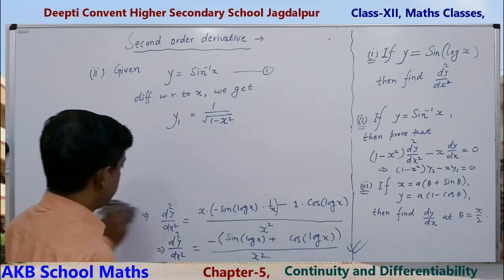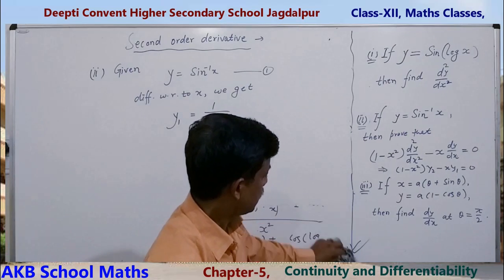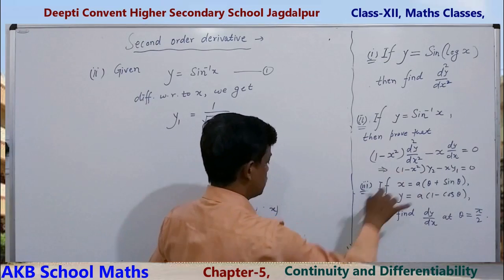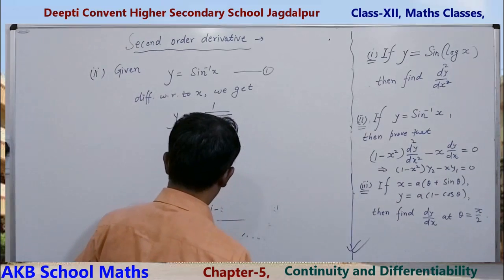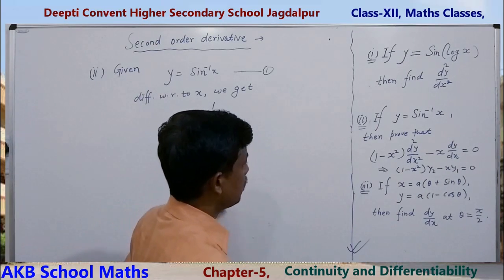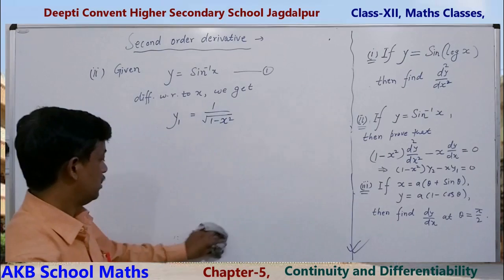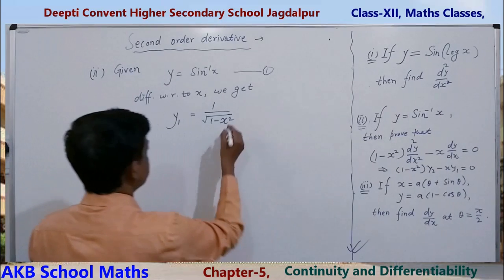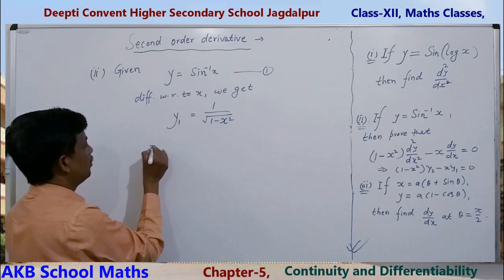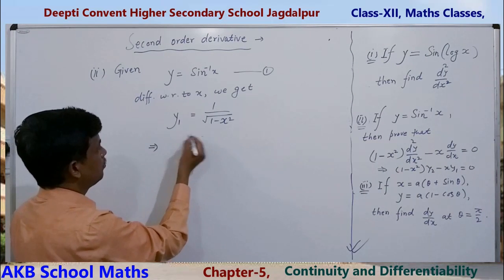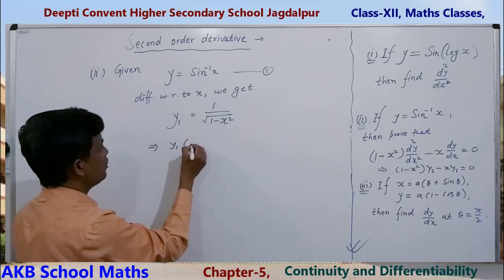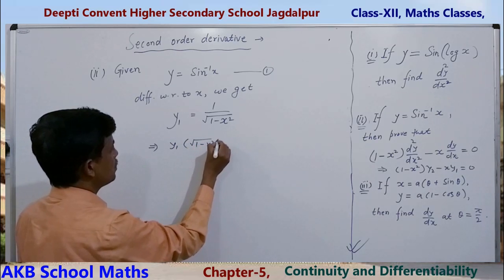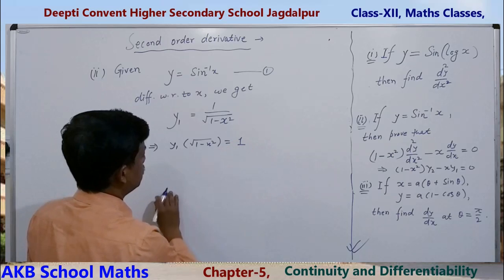Okay. Now our target is what? Finding this relation from here. y2, y1 means what? Function of dy by dx. That is also a function of x. So here we can write like this: y1 into root of 1 minus x square equals to 1.